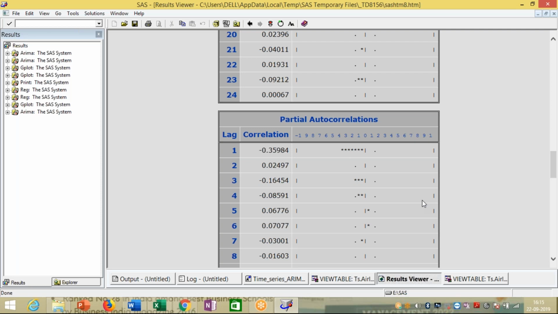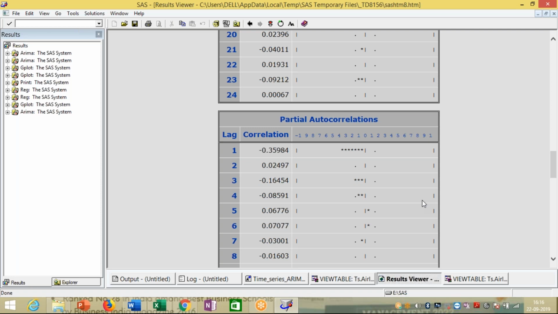If it's an AR1 process, it means that the partial autocorrelation between lag 1 and lag 0 should be the highest and most significant, and after that immediately it should fall down, right? So it should go down to 0.